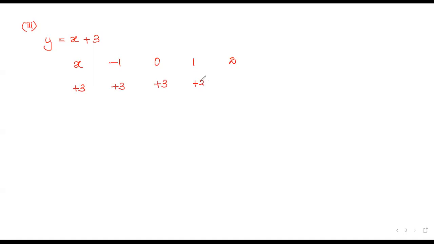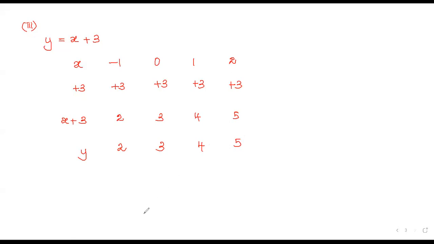Then you can find x plus 3, and this x plus 3 is equal to y. So this is 2 with the same y value. Here it is 3 and 3. 3 plus 1, 4, and I write this 4. And this is 5 and 5, right? So this is how you prepare the table.